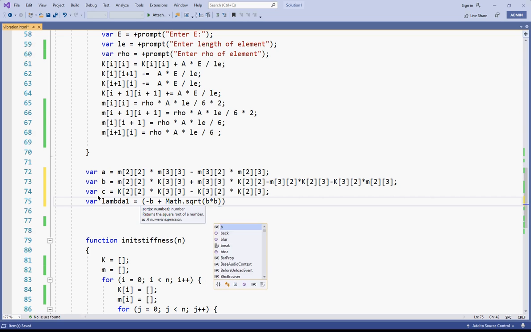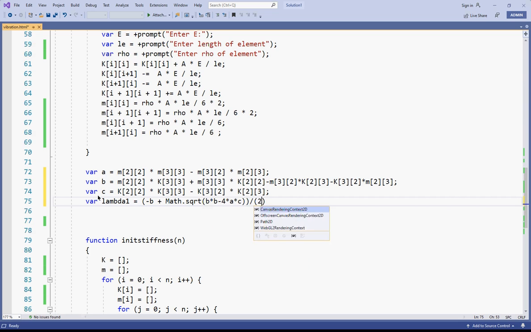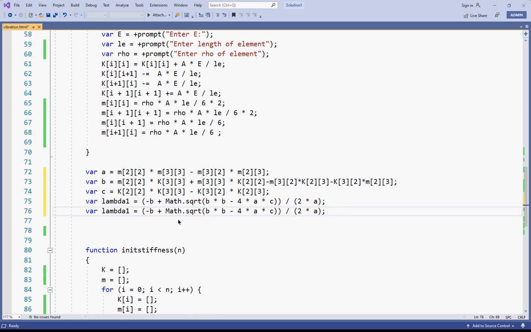So I write B square as B into B minus 4 into A into C, divided by 2 into A, twice A. So this is how I got lambda 1. I just copy this and paste it here, and instead of plus I will put minus. Hope this is correct.